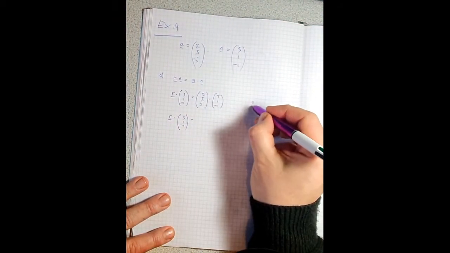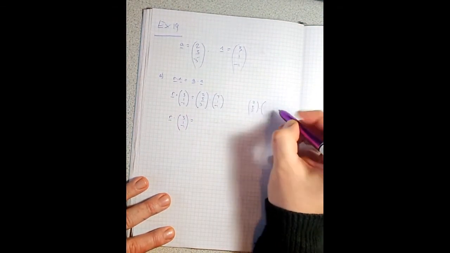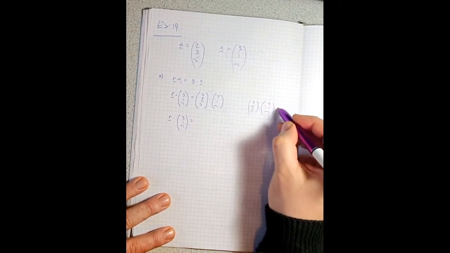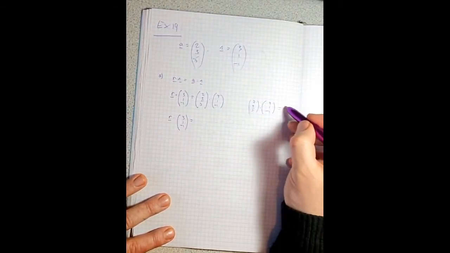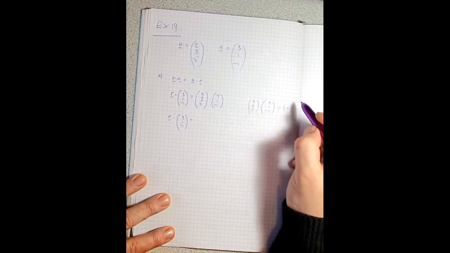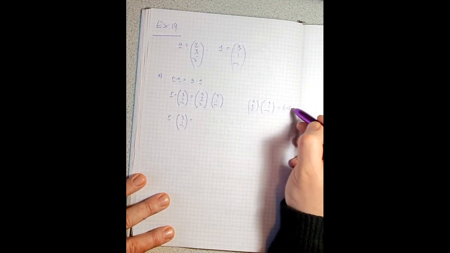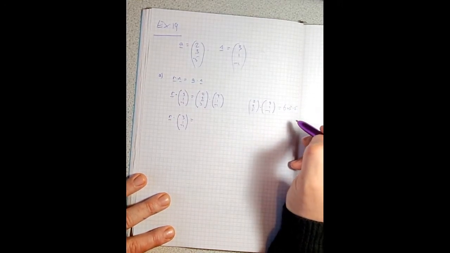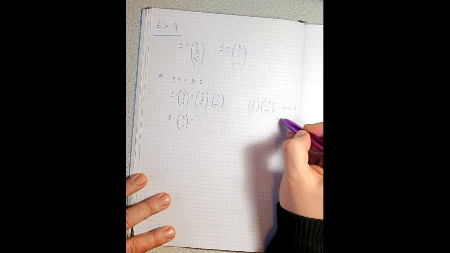So 2, 3, 5 dot 3, 1, minus 1 is 6 plus 3 minus 5. 9 minus 5, that's 4.